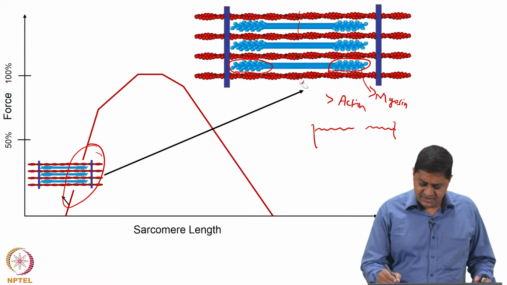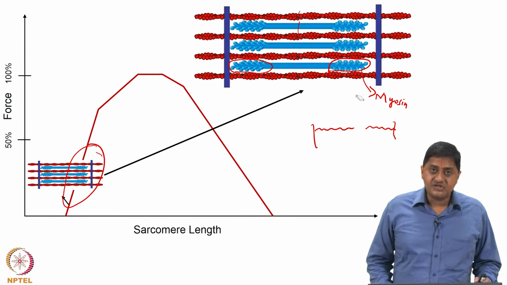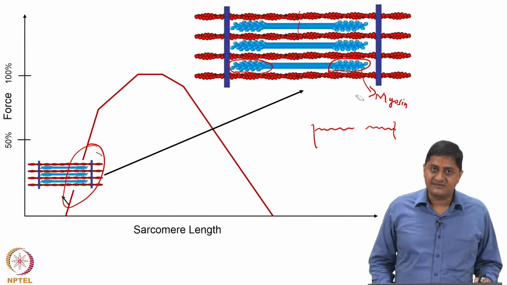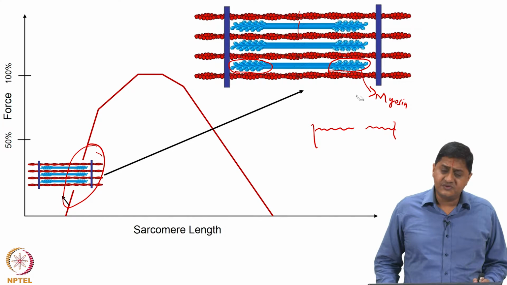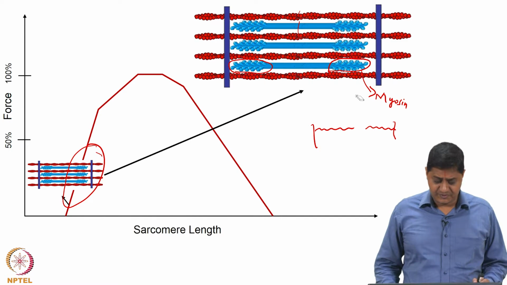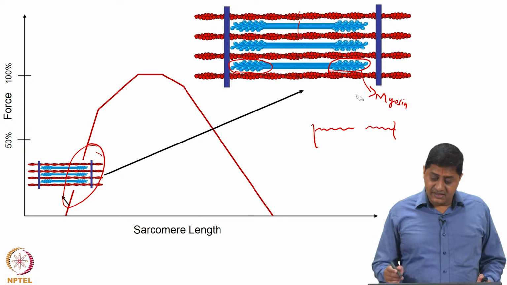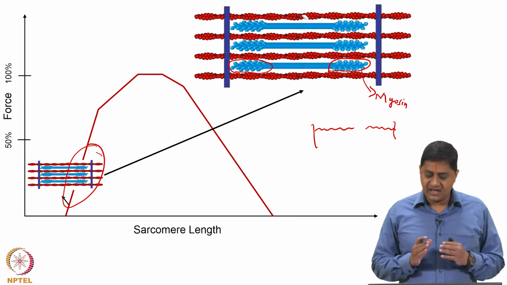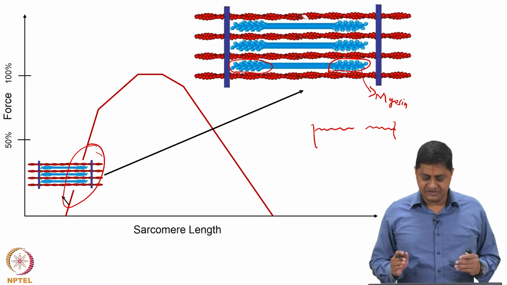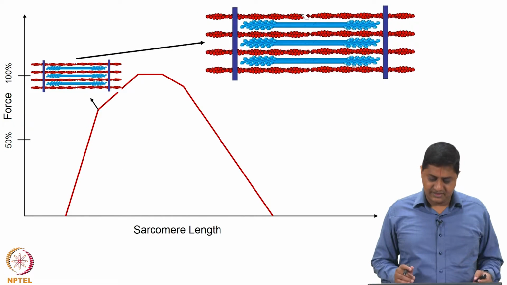This causes a situation in which the myosin cannot bind with the maximum number of actin sites. So, this reduces the force that can be produced. Now, if the sarcomere length increases, you would expect the actin filaments to move farther away from each other, like that.